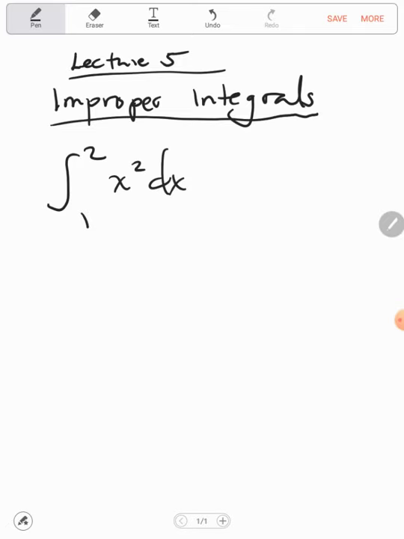Okay, but an infinite integral is an integral that has infinity as one of the limits, either infinity or minus infinity. Okay, so let's have an example. Let's look at this function.